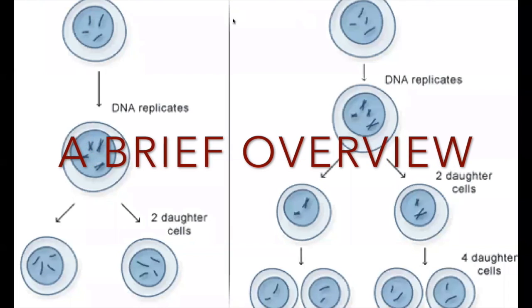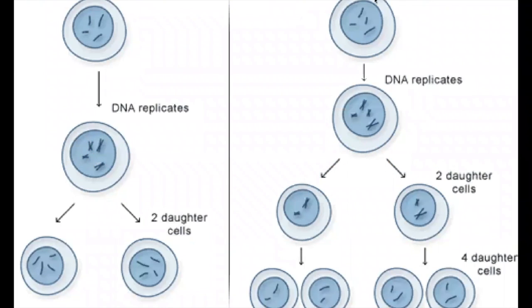All right, so this picture is a little bit blurry, but I'm just going to do a brief overview of meiosis and go over a little bit of interphase because I don't really go over that in my next recordings, and I just want to clear some stuff up just so it's pretty clear.